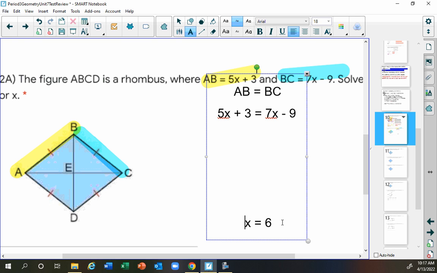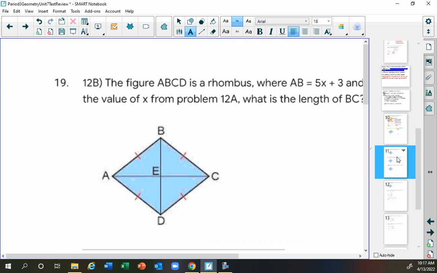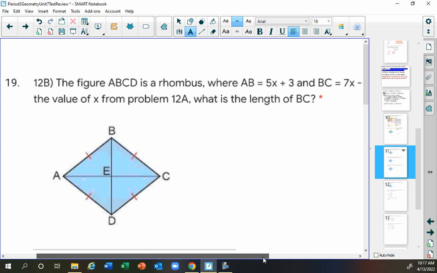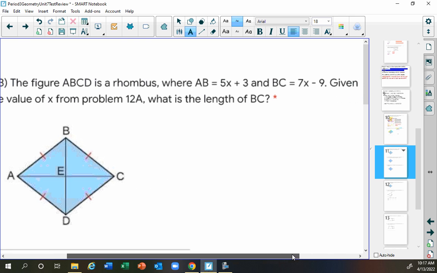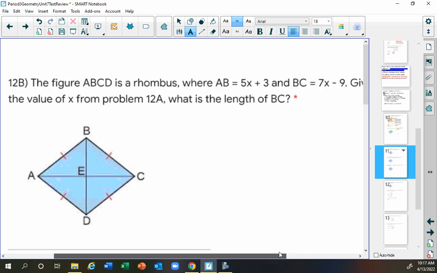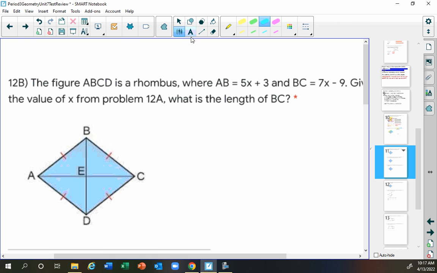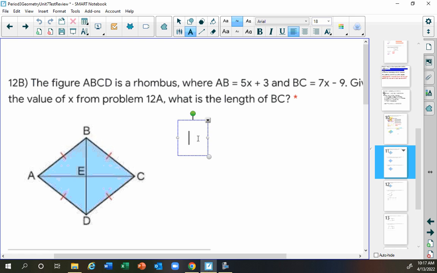All right, but we're going to take our X equals 6 and use it for the following. We need to find out the length of BC. So we said X equals 6.